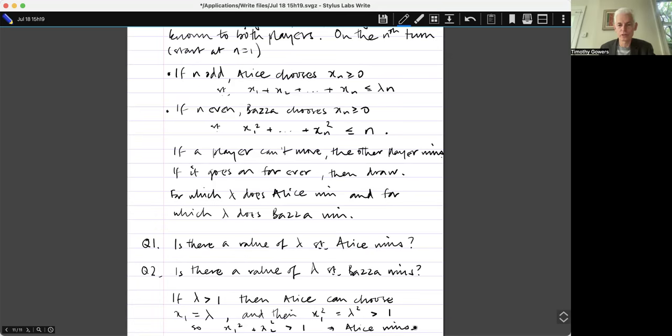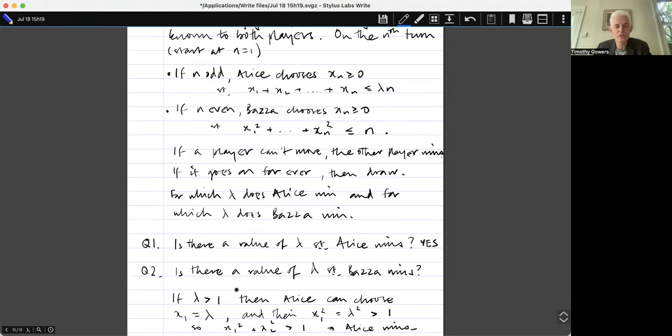So indeed the answer to question 1 was a rather easy yes. Of course I will now be interested in whether there are other values of lambda such that Alice wins, in other words values that are not greater than 1.